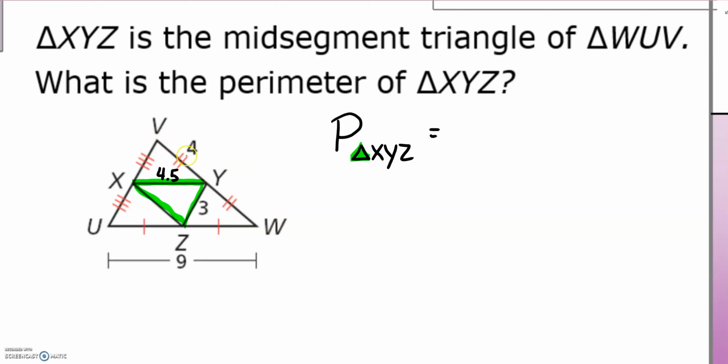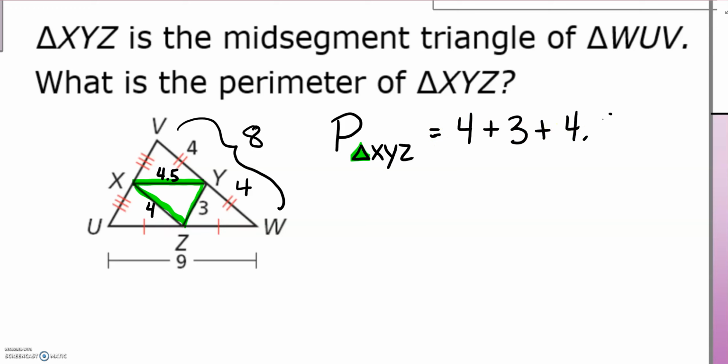If VY is 4, then YW is 4, which means this entire side is 8, making XZ also 4. Once again, to find perimeter, add up all the sides you have. 4 plus 3 plus 4.5 gives us a perimeter of 11.5.